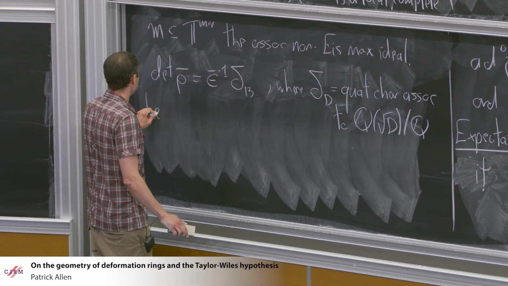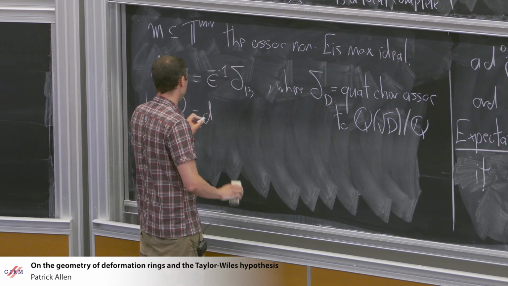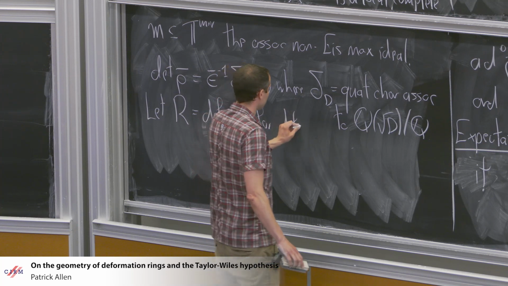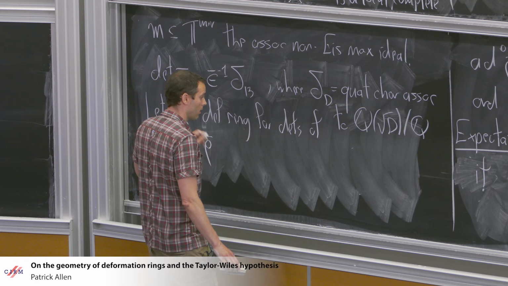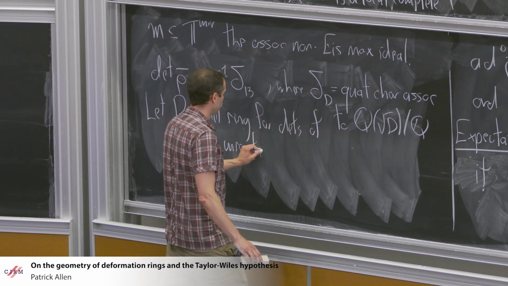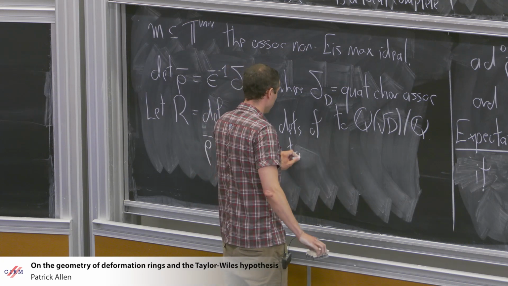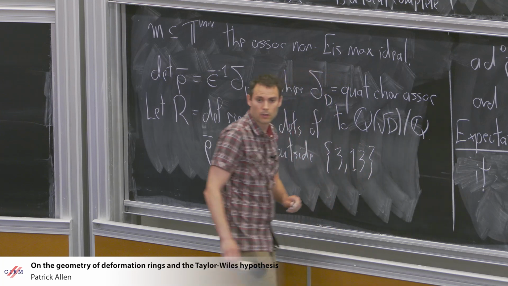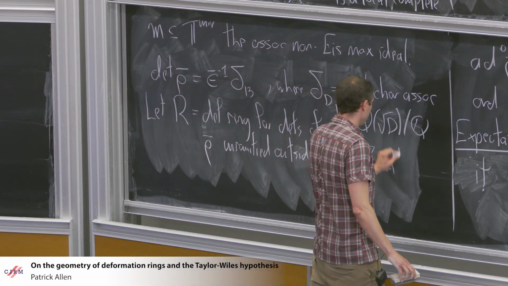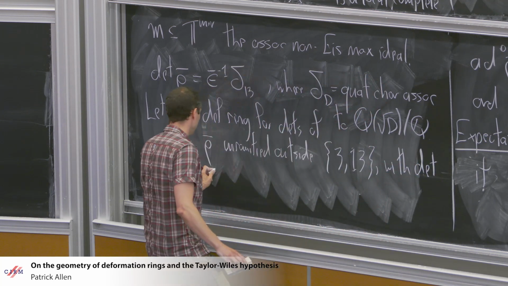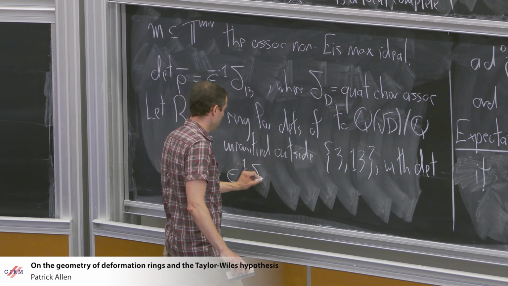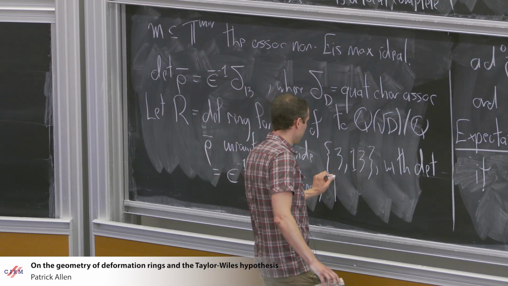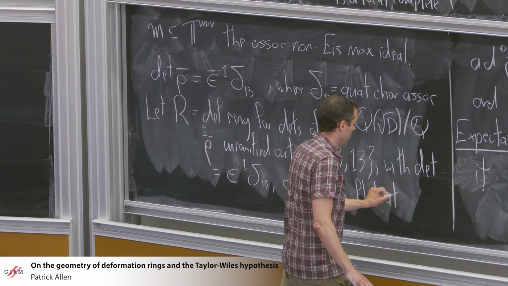So let's let R be the deformation ring for deformations of rho bar unramified outside 3 and 13, with determinant equal to the cyclotomic character inverse times this quadratic character, and that are ordinary finite flat at 3.